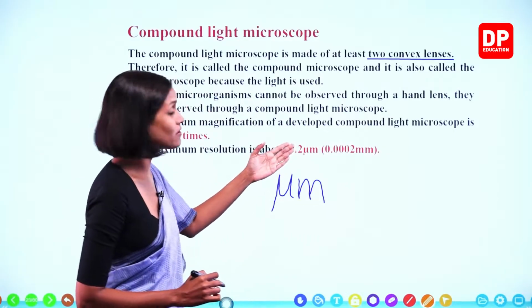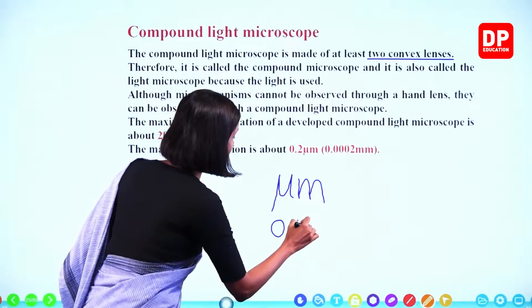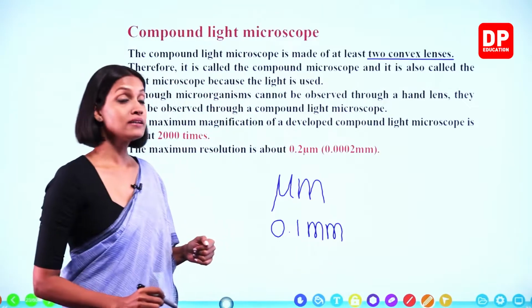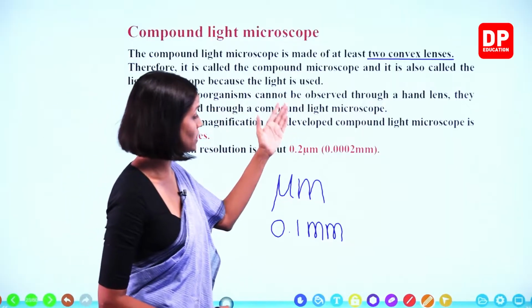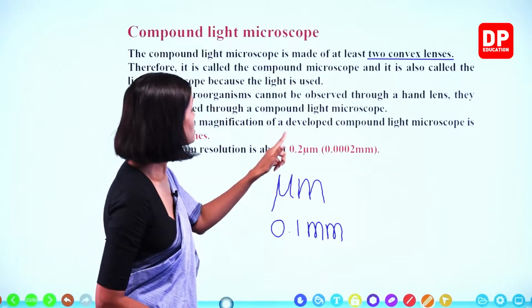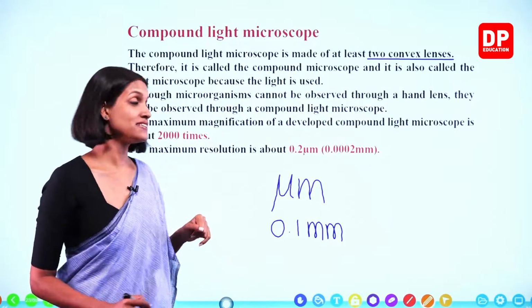What is the resolving power of the naked eye? That is 0.1 millimeters, right? Here the resolving power is way higher because it is 0.0002 millimeters, so 0.2 micrometers, right children?